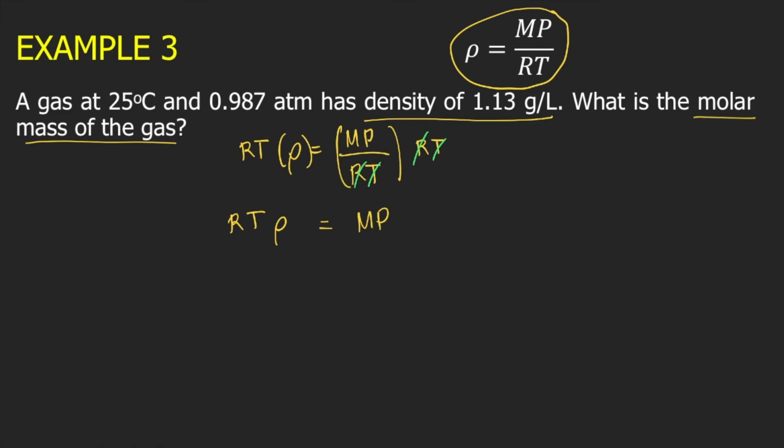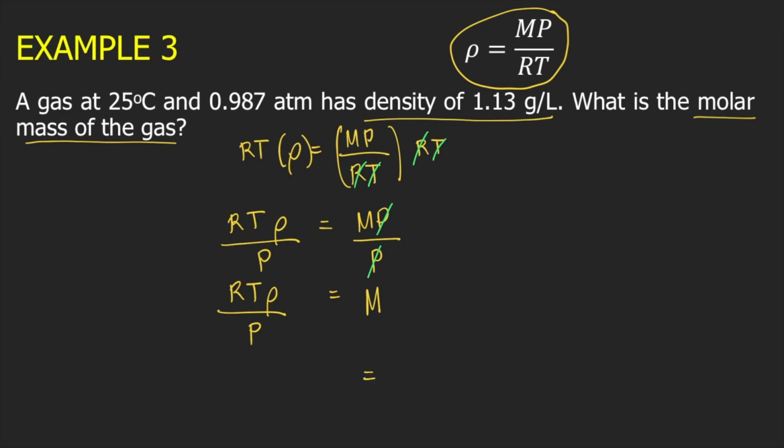So if you want to solve for M, you will divide both sides of the equation by P. So P will cancel on the right side. So what is left on the right side is M. And on the left side, you have RT times density divided by P. So this will be our formula.